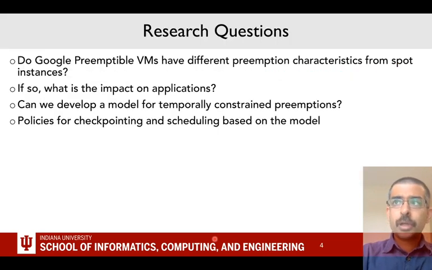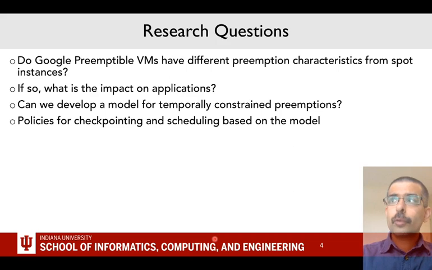In this work, we are interested in answering four research questions. First, we want to see if Google preemptible VMs have different preemption characteristics from the previously studied spot instances. And if they do have different characteristics, we want to know what is the impact on application performance and cost.